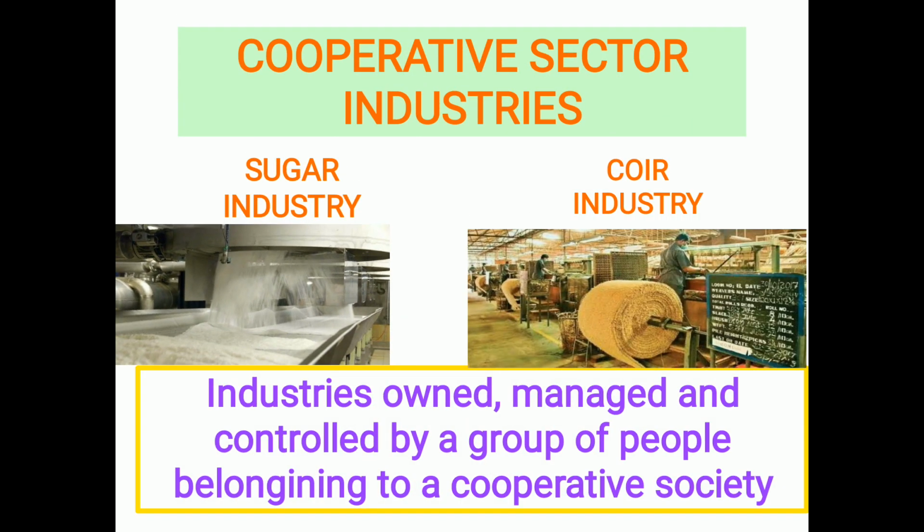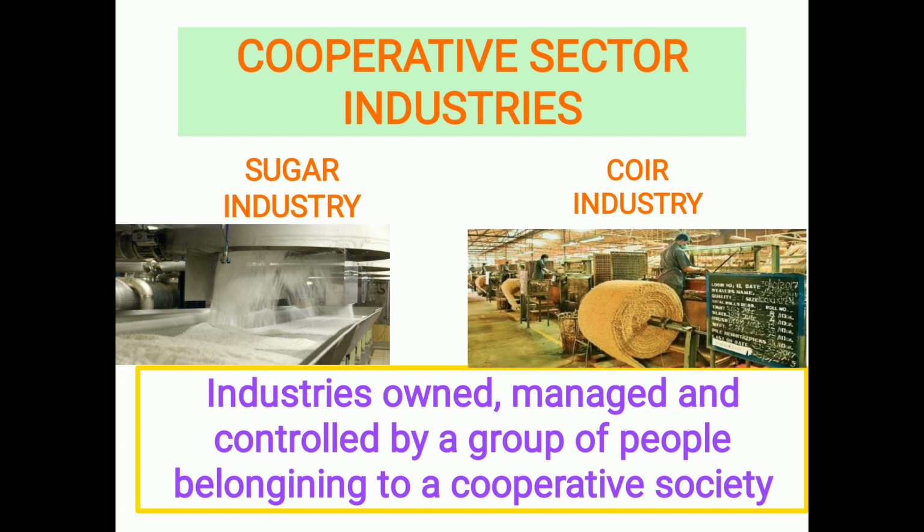The next type of industry based on the capital, based on the ownership, is cooperative sector industries. By the word cooperative sector industry itself, it is clearly understood that these are industries owned, managed and controlled by a group of people belonging to a cooperative society.